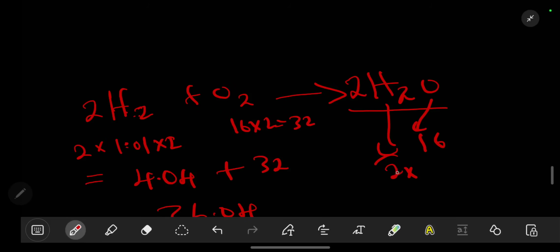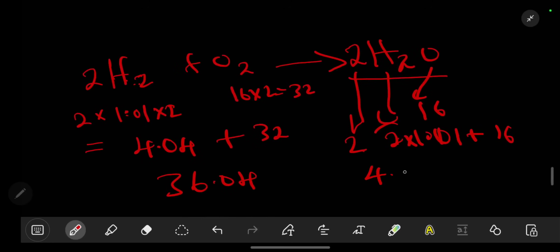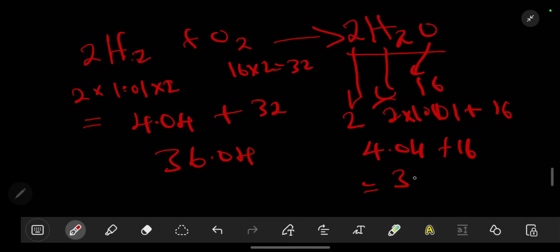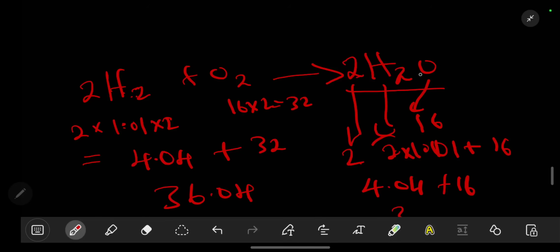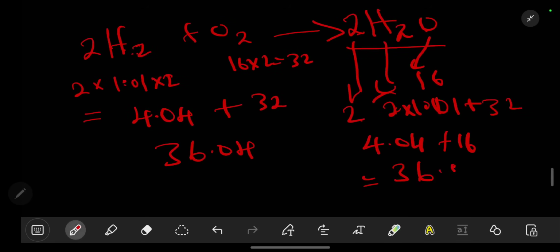Hydrogen has 1.01, so 2 times that gives 4.04, plus 16, gives us 20.04. Then we have 2 times oxygen, which is 16, giving 32 there, since there are 2 of them. Finally, we have 36.04.